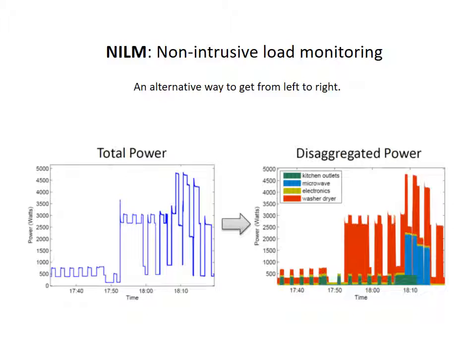The smart meter is able to communicate this blue signal back to the utility, and what we really want to do is break that blue signal up into its component pieces, in particular to disaggregate it into the individual devices that are being used when. That means knowing during what part of this 30 or 40 minute period the kitchen outlets are being used versus the microwave versus the washer dryer, etc.